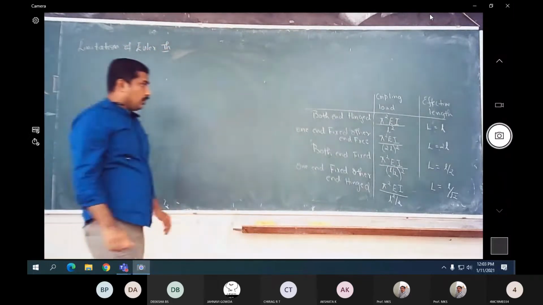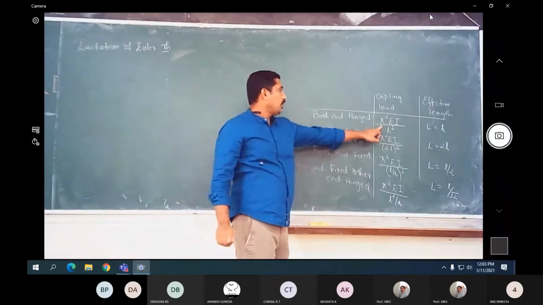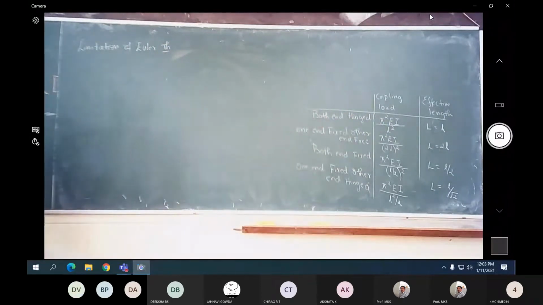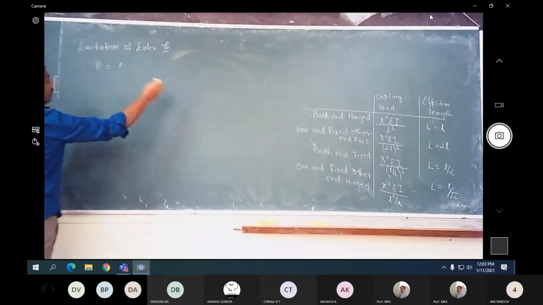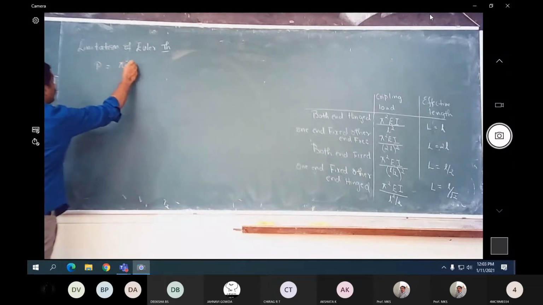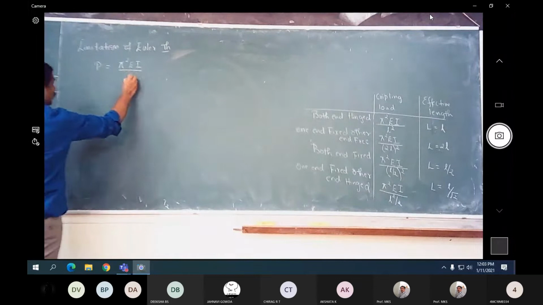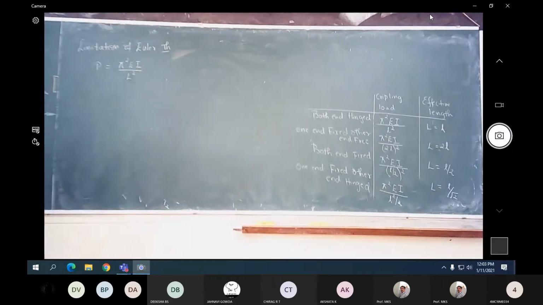So the general equation for crippling load or buckling load in all the cases, when you consider the effective length Le, is P equal to pi square EI by Le square.